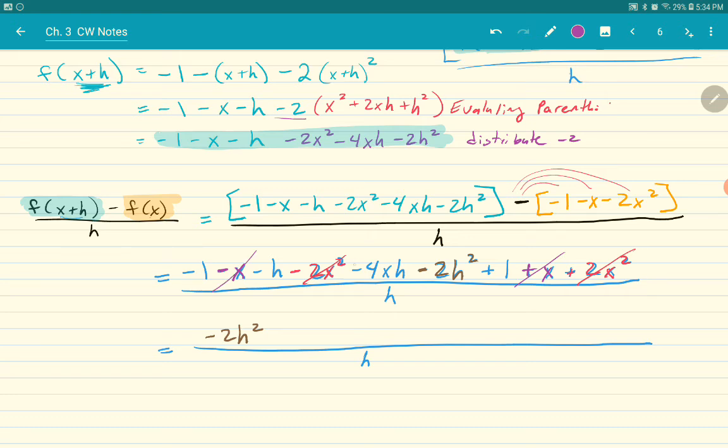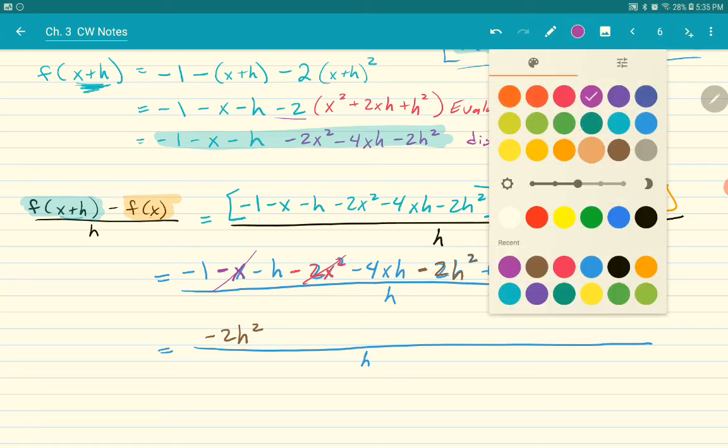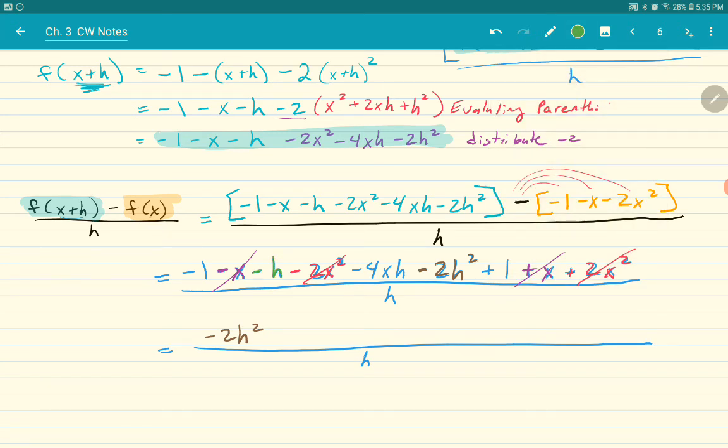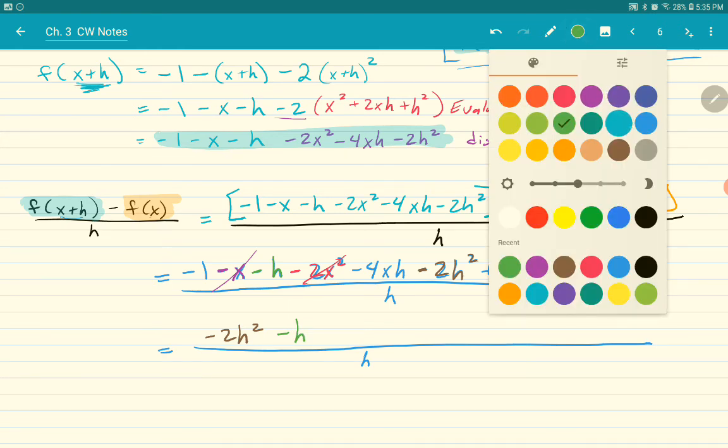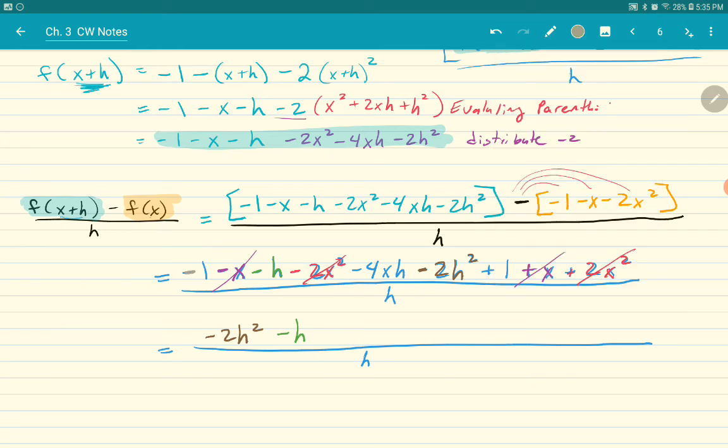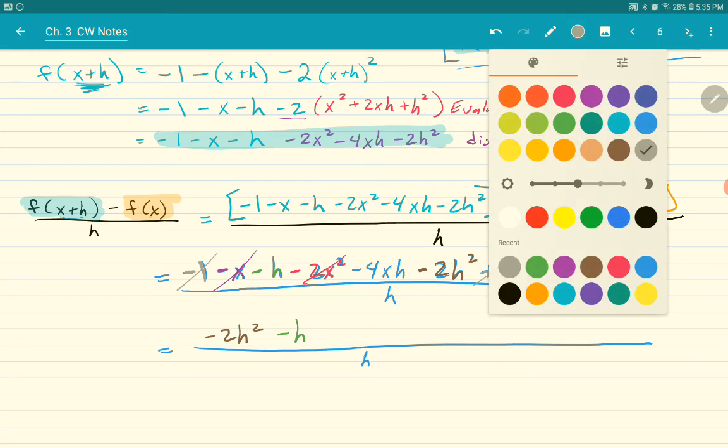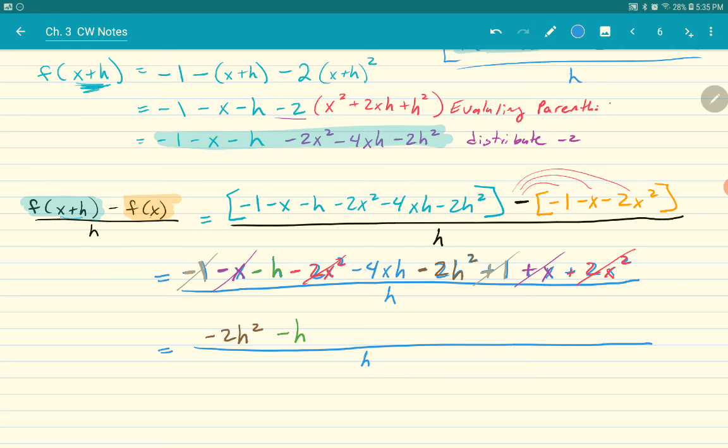Going on to my h term, I have a negative h. I don't have any to combine it with, so I'll write negative h here. For constants, I have a -1 and a +1. Those will cancel. And then the only thing I have left is the blue -4xh, so I'll write that.